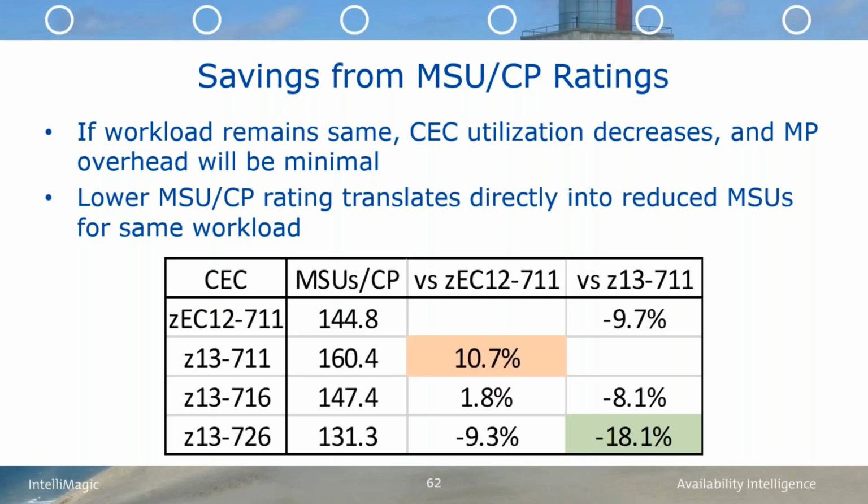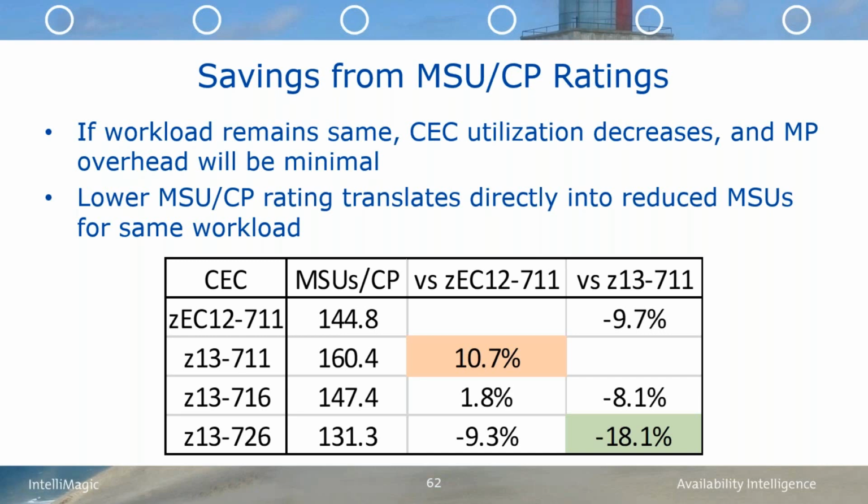This chart compares MSU per CP factors for the four processor models in the previous use case. The orange value shows the 10% plus increase associated with the original z13 711 implementation, one that the high R&I workload fell far short of achieving. The green value shows the decrease of 18% in the MSU per CP rating for the 726 from the 711.